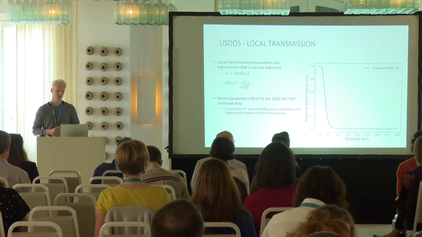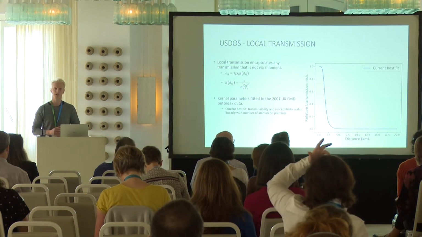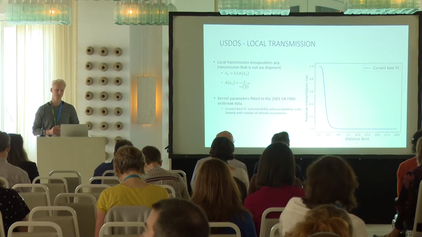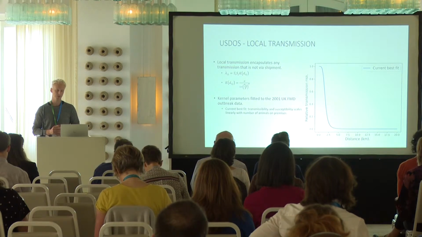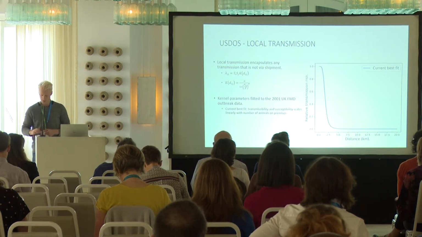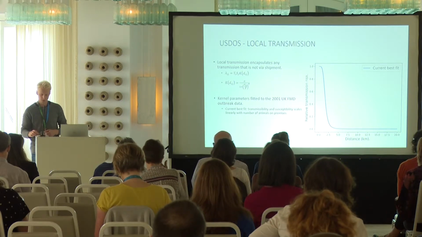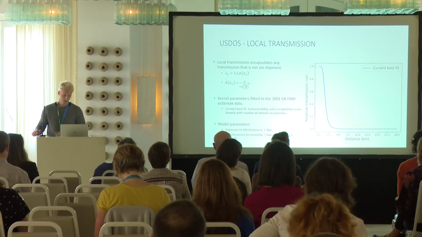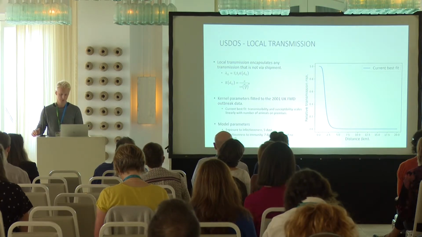I just put it up there for illustrative purposes, but we are currently working on refining this parameter fitting. So it's ongoing work. Yes, and of course there are a bunch of other model parameters. I think I'm going to skip over those.